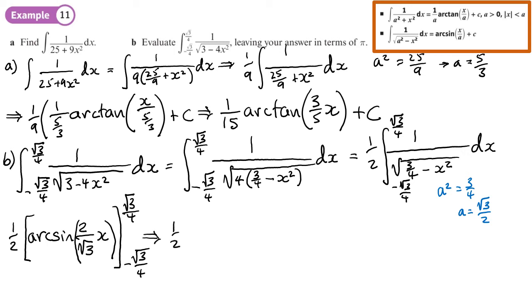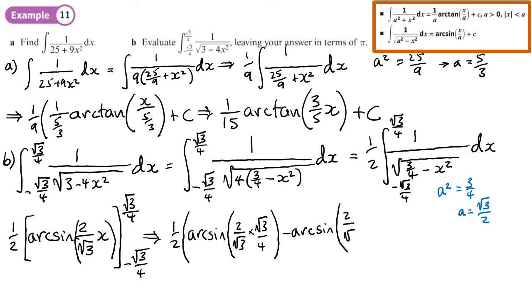So I'll have half arc sine, so it'll be 2/√3, replace x with √3/4, minus arc sine 2/√3, so this time we replace it with negative √3/4.